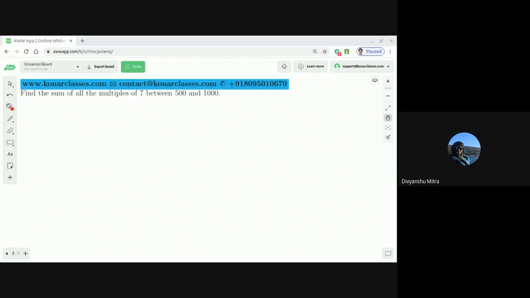Before that, we find the last term before 1000 which is divisible by 7. That number could be what? Just 1 second. I think it's 994. Fantastic. Appreciate, Gurman. It is absolutely correct. Both of you are going very well. So then 994 is equal to a plus (n minus 1) into d, and from there you find the value of n. Correct, no?